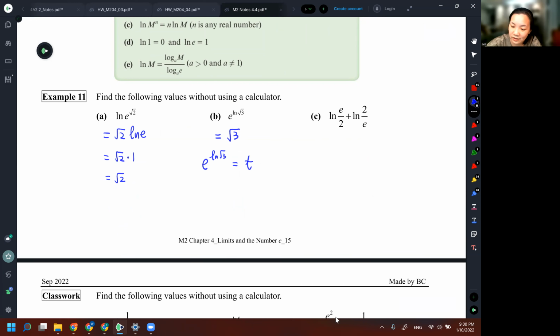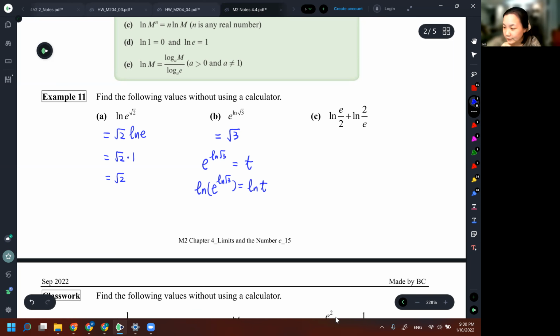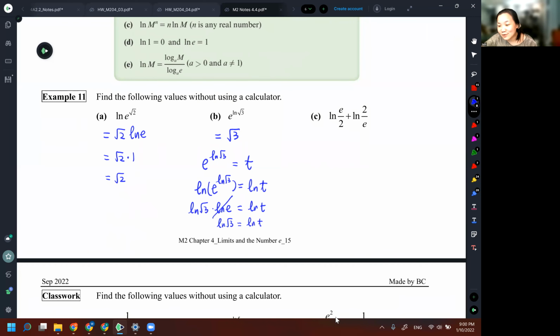Then I have log of e to the power log √3 equals log t. And then I put log √3 times log e equals log t. And then log e equals 1. You will have log √3 equals log t. And then you realize, oh, t equals √3 immediately. So it's like saying something backwards. It's like circular argument or whatever.